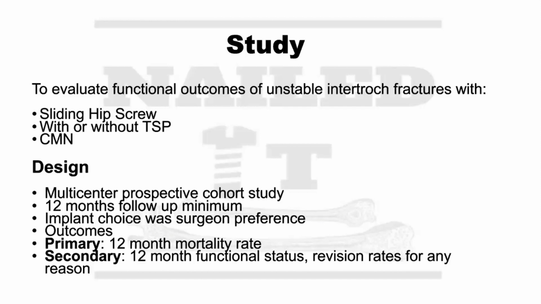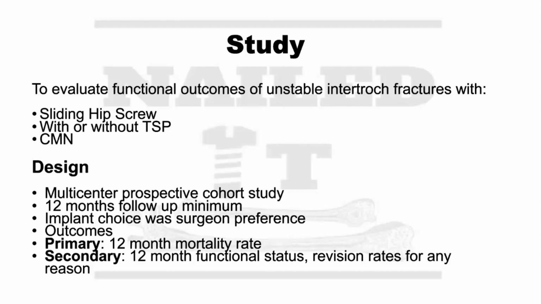And there was a string of papers that followed that looked into the functional outcomes and rates of mortality, comparing these types of implants that we can use for intertroch fractures. And this paper is one of those papers that sort of follows.